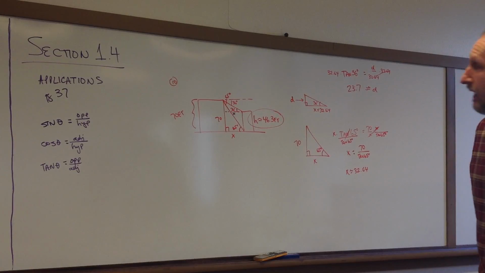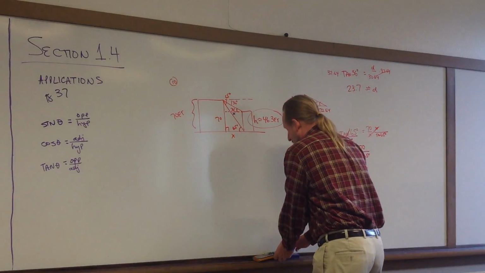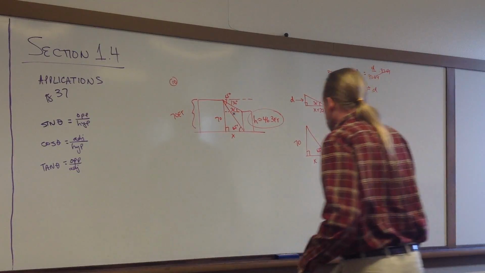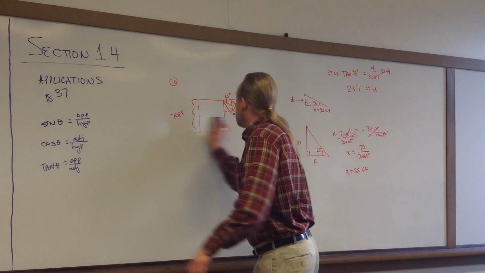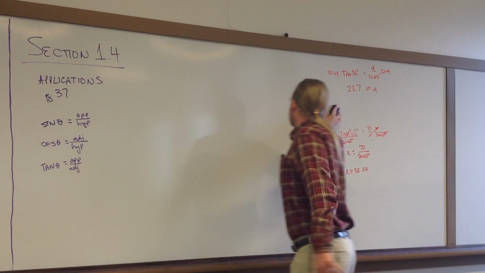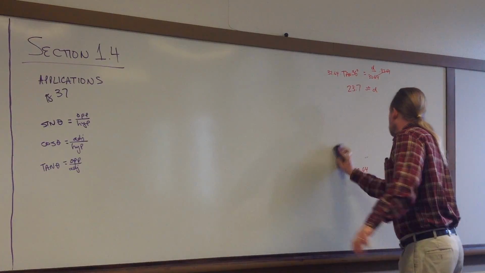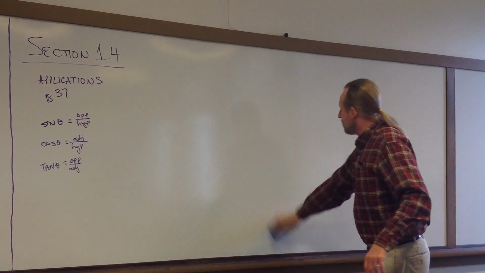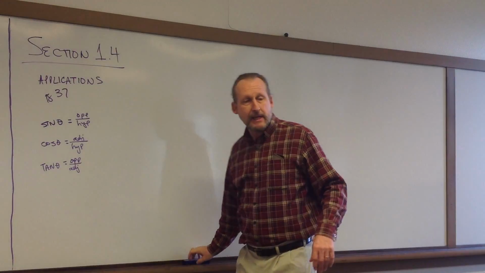All right, so now we've got the next thing that I want to talk about besides angle of elevation and angle of depression. Now we've got this idea of bearing to worry about. And this is frequently used in surveying.